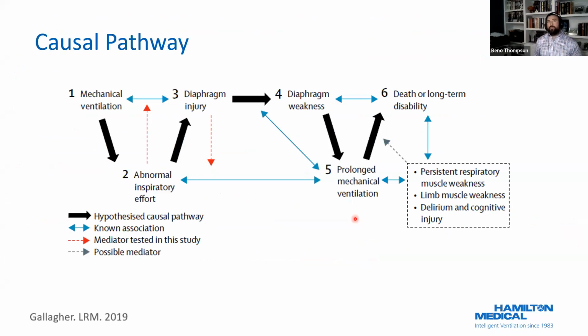So looking at the causal pathway that they lay out in this, right? So you have mechanical ventilation, which leads to diaphragm injury by way of abnormal inspiratory effort. And then the longer you have these injurious settings to your patient's diaphragm where they're working against the ventilator, you get diaphragmatic weakness, which leads to prolonged mechanical ventilation.